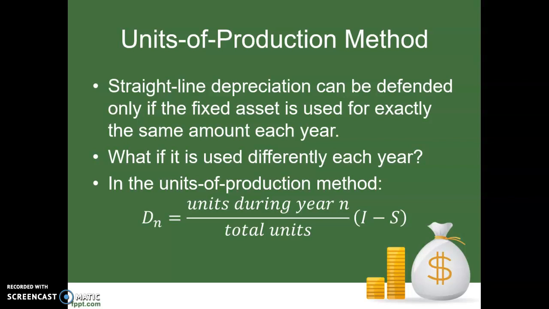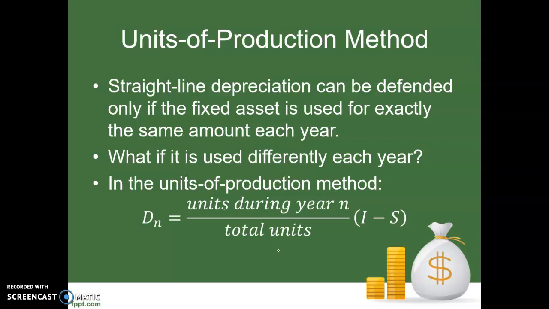The best example I can think of is the number of miles on the odometer of a car. You track how much you've used the asset, and every time you use it, it loses its value. So the units of production method would essentially be like tying the value of the car directly to the miles on the odometer.